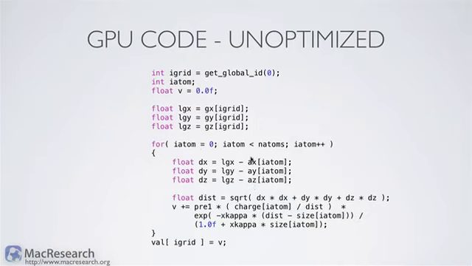But you're then going to be serializing on all of these loads for X, Y, Z, charge, and size. You're going to serialize these when you jump from atom to atom to atom. So as I go from atom 0 to atom 1 to atom 2, those are all going to be loads from global memory, and each thread is going to have to wait until that load is serviced before it can continue with the calculation.